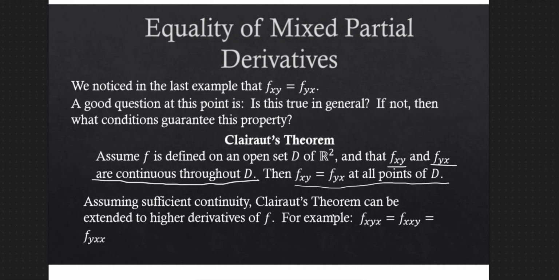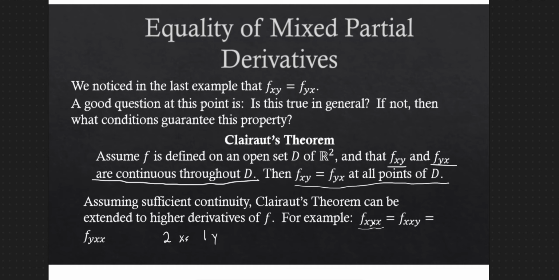Now, given sufficient continuity, Clairaut's theorem can be extended to even higher order partial derivatives, right? So, for example, mixed partials like fxyx, fxxy and fyxx, right? So there's one y partial and two x partials in each of these, right? Two x's and one y.